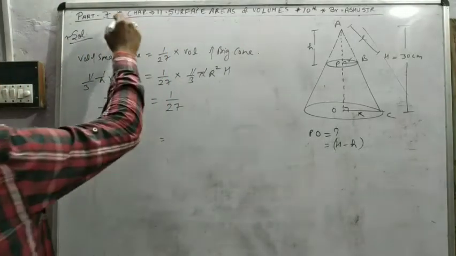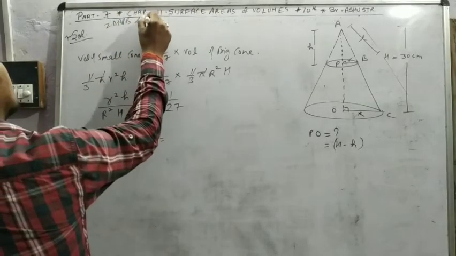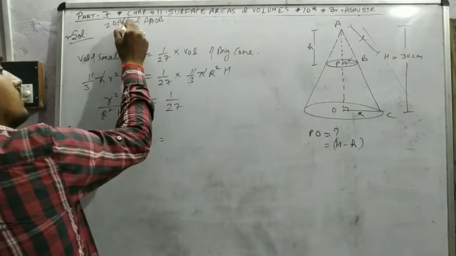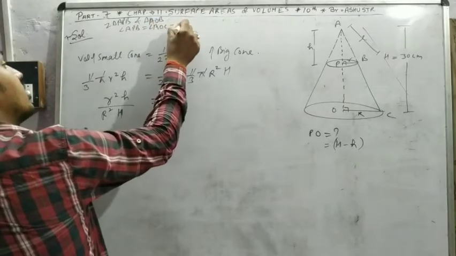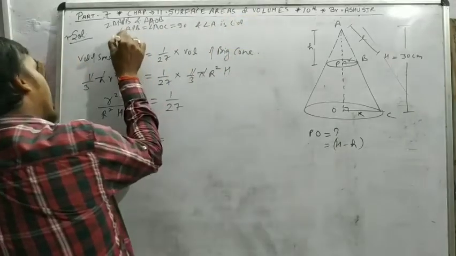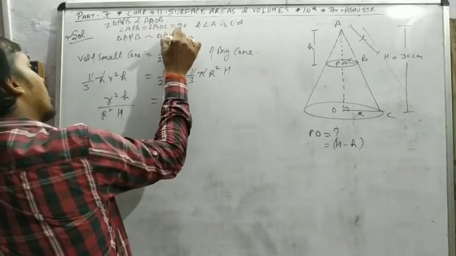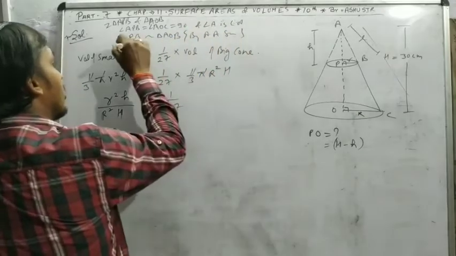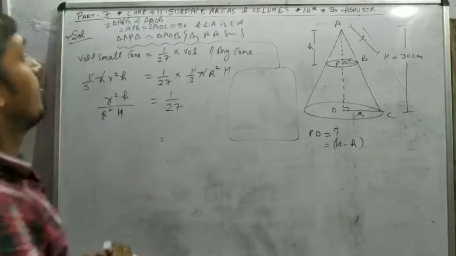If I say in triangle APB and triangle AOC, angle APB is equal to angle AOC, 90 degrees, and angle A is common, so triangle APB is similar to triangle AOC by angle similarity.